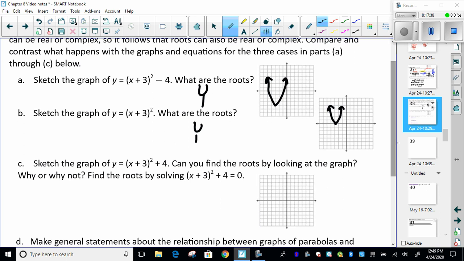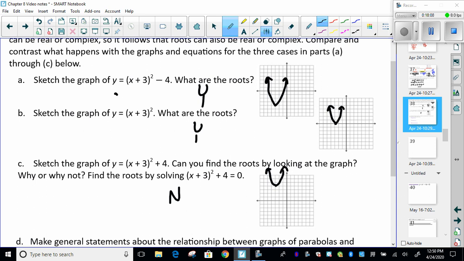And then we have this one. And this one is what I was trying to do before. 3 left, 4 up. Does that one have any roots? No. Well, yes. Well, what's a root? Remember, a root is the value of x when y is 0. So in this first one, we can see the 2 roots.